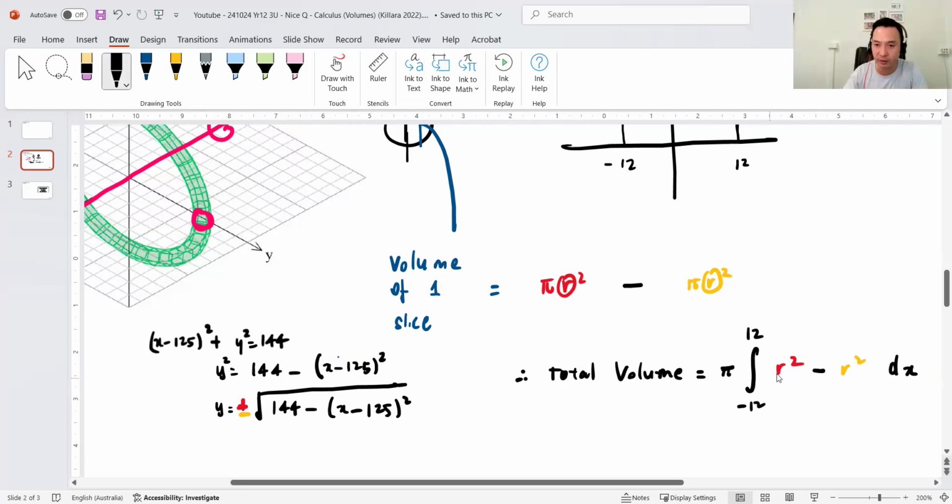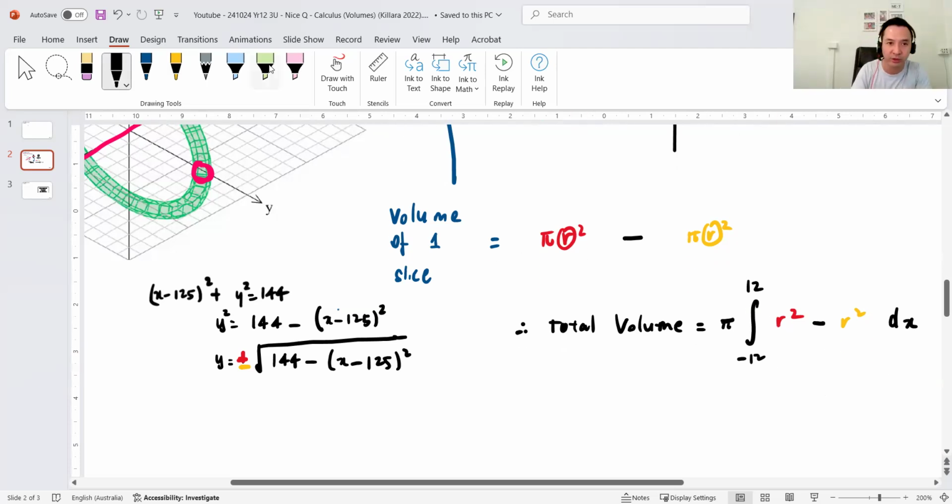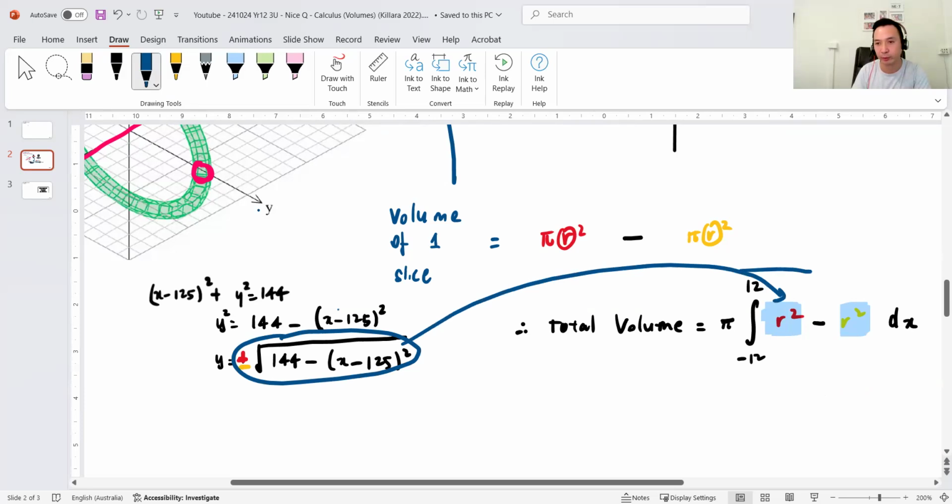Perfect. Now what goes into these two parts are these guys here. Just remember, the red one is the plus version and the yellow one is the minus version, right? So when I do this, it becomes pi, y squared.